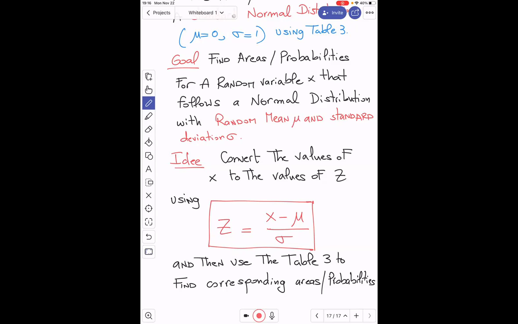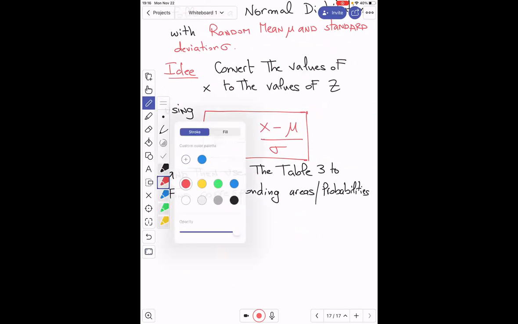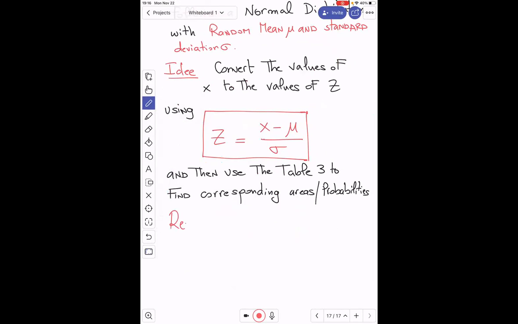So if z is equal to x minus mu over sigma, then, as a remark, x is going to be equal to sigma times z plus mu. These two equations are just the same thing, right?